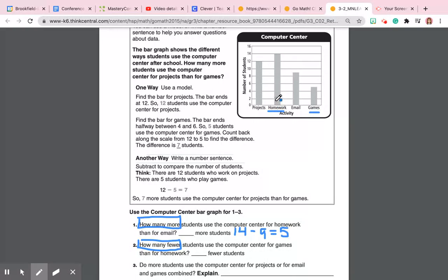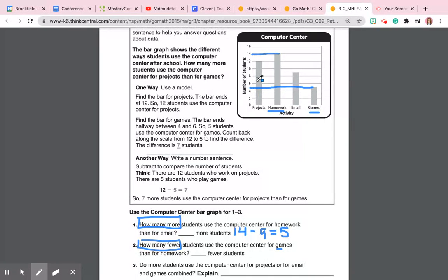So I'm going to go to the top of my homework bar, and I know that I land on this number 14. Then I'm going to look at my bar for games. So I'm going to go up to the top, and if I look all the way to the left at my scale, I know that the number of games is a number between 4 and 6.